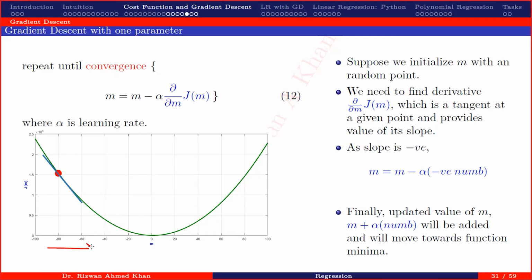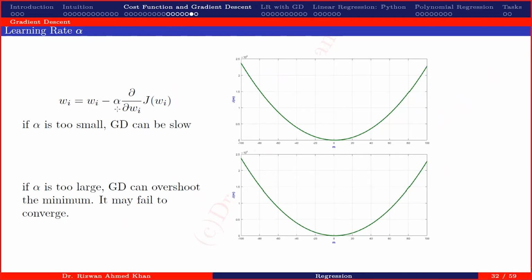It means m is right now probably at minus 80 and its value has to be increased in order to reach the global minimum over here. So this is the main concept or intuition of the gradient descent algorithm.